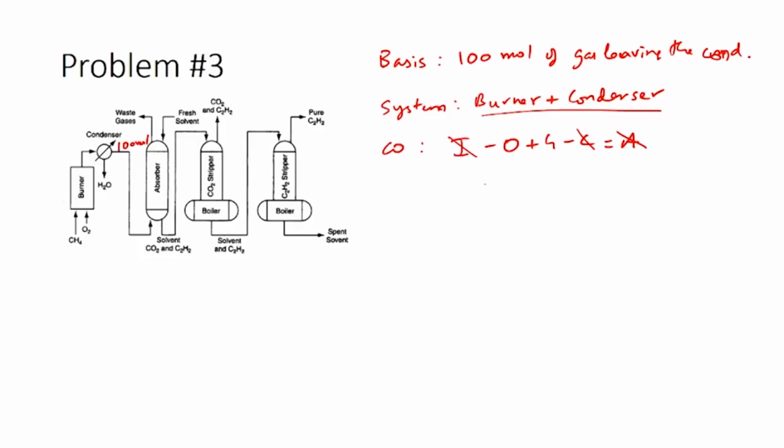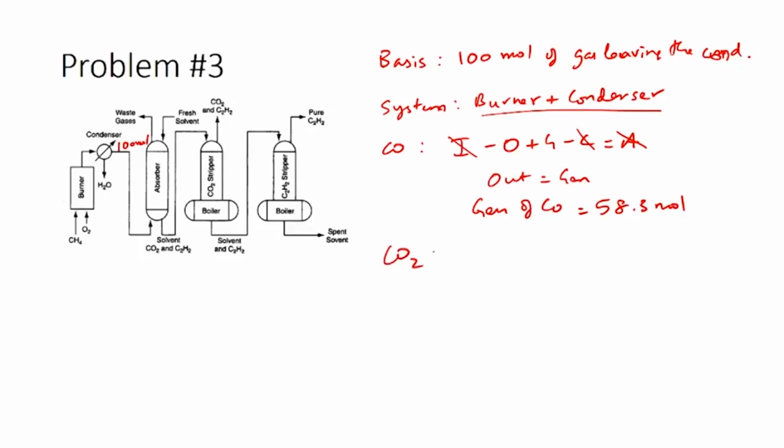So, your output is equal to generation. We know that the composition of the stream has 58.3% CO. So, the output contains 58.3 moles of carbon monoxide. So, generation of carbon monoxide would be 58.3 moles.